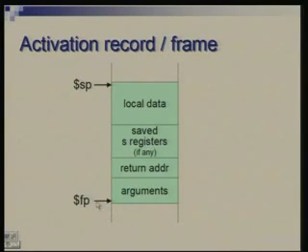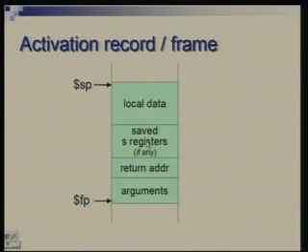Again, convention could slightly vary. So I have tried to put almost everything which I discussed earlier. The arguments which are being passed on would be one part of this record. The return address which is to be saved is saved here. Any S registers which you need to save get saved here. Local data is allocated here. So this whole thing is the frame.